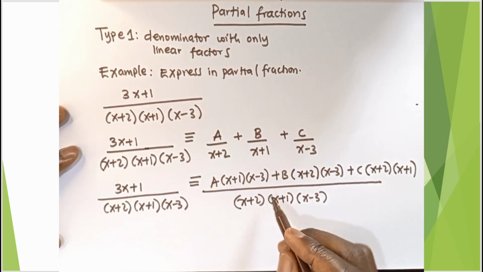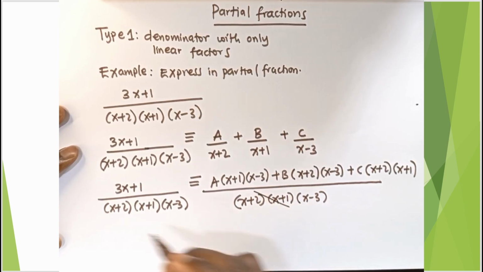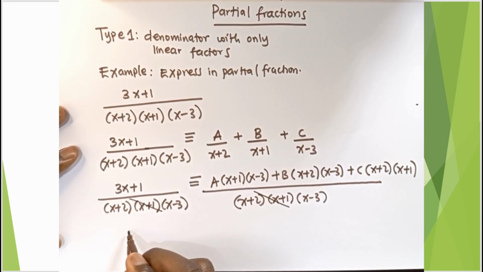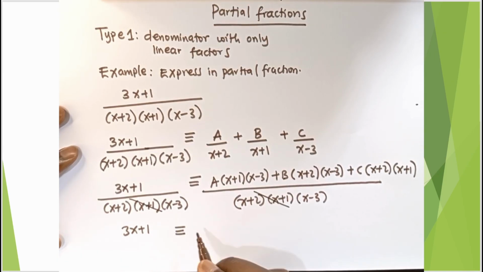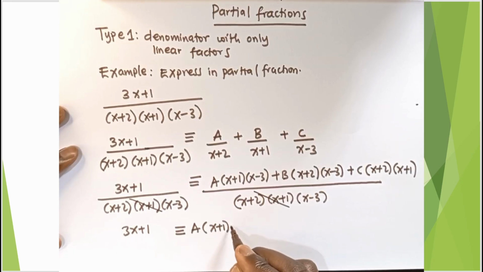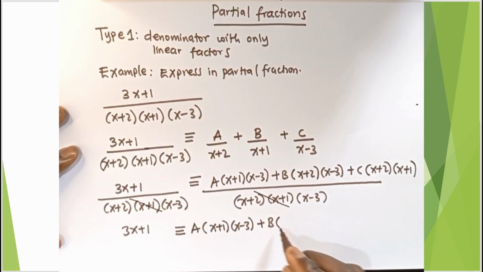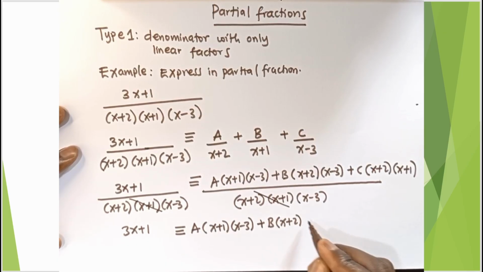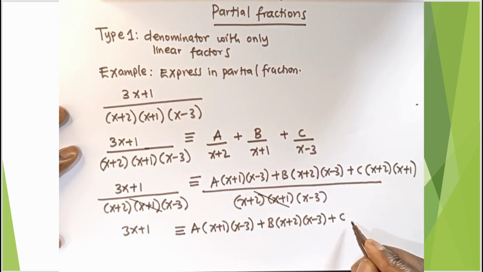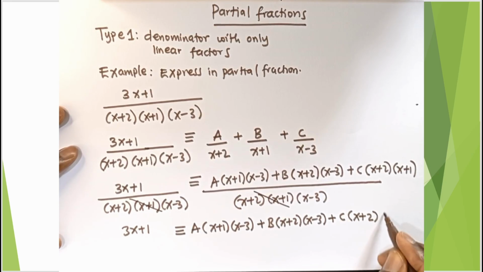Therefore, rewriting it, the LCMs will go. So we shall remain with 3x plus 1 is identically equal to A into x plus 1 into x minus 3 plus B into x plus 2 into x minus 3 plus C into x plus 2 into x plus 1.